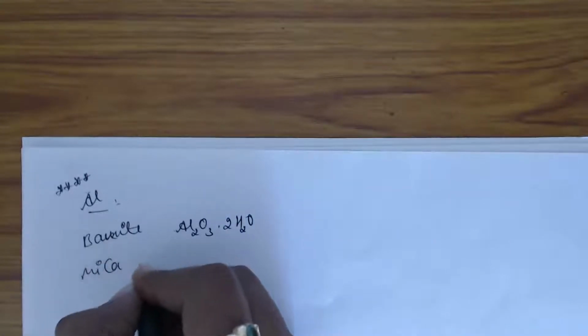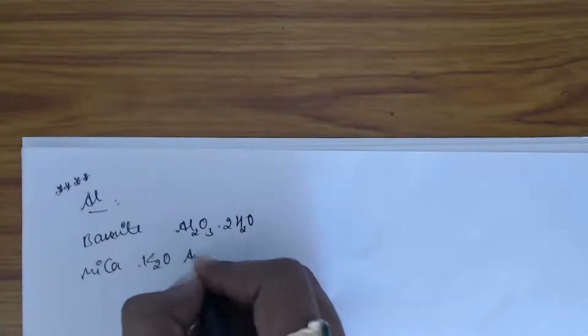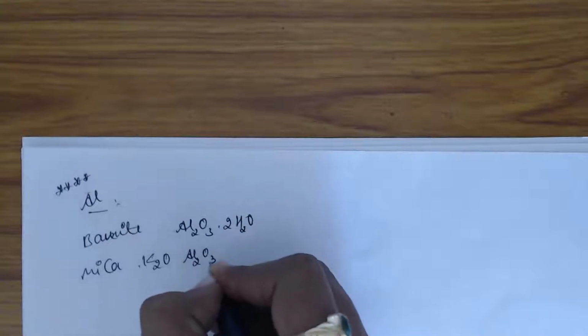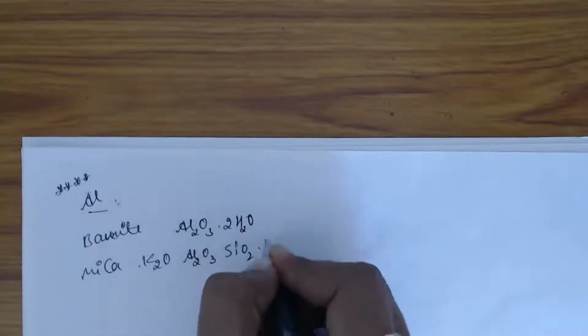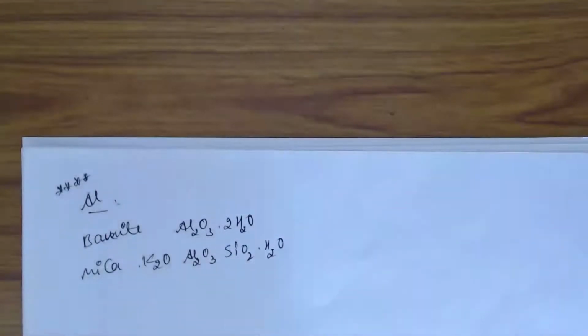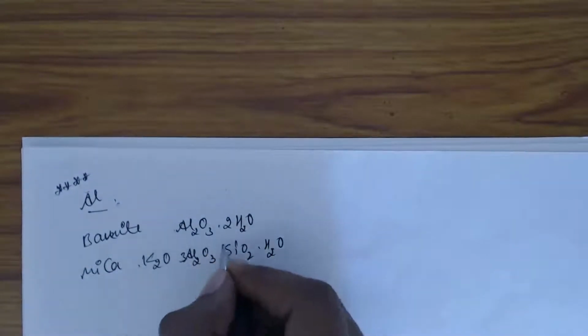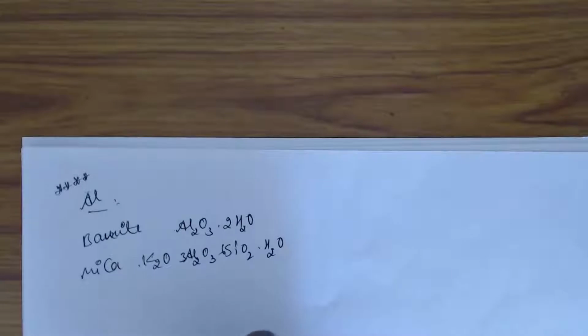Mica means K2O, Al2O3, SiO2 and H2O mixed together. Next, cryolite is there.